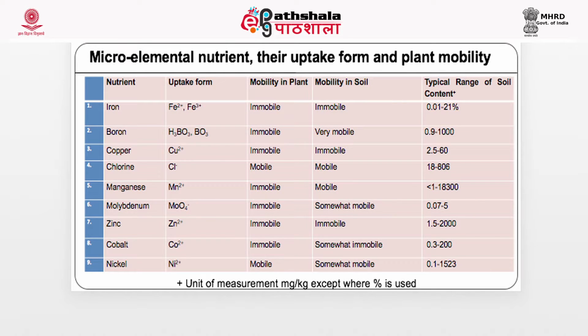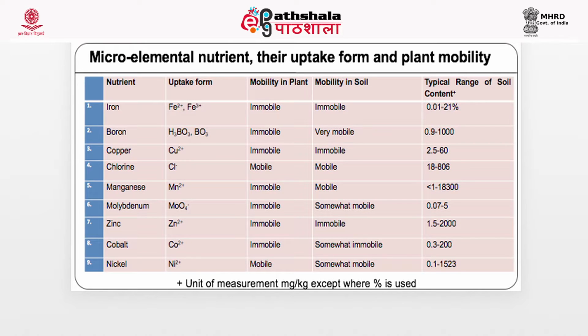Molybdenum is taken as molybdenum oxides. They are immobile in plant and somewhat mobile in soil, and their range varies from 0.07 to 5 milligram per kg. Zinc is immobile in plant as well as in soil, and the typical range is 1.5 to 2000 milligram per kg.